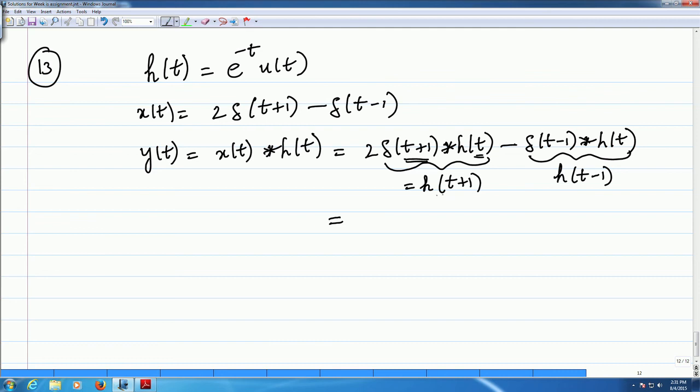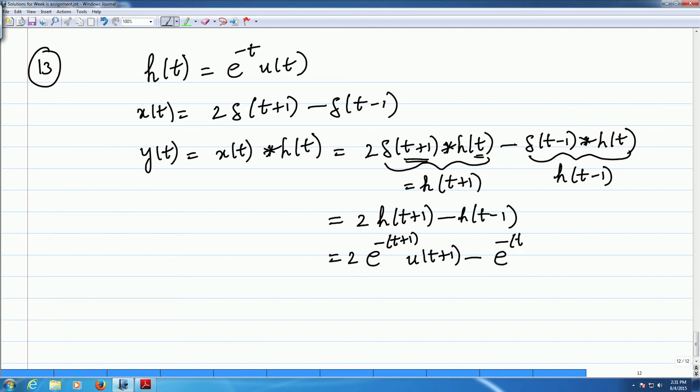So, if you write down h of t plus 1, this is just 2 times h of t plus 1 minus h of t minus 1. So, now you just plug in the value you have here, e power minus t plus 1 u of t plus 1 minus e power minus t minus 1 u of t minus 1, and you can pull the e power minus t out to get the form of the answer.